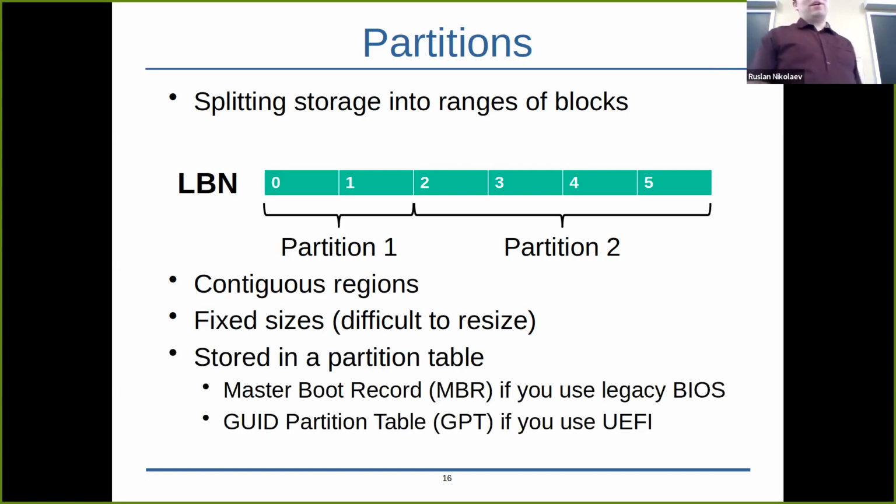Okay, so how do we store partitions? We store partitions in a partition table. If you used legacy systems such as BIOS, and I guess until recently there were still quite a few computers with BIOS, we would have the master boot record.